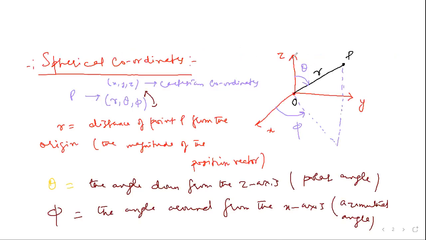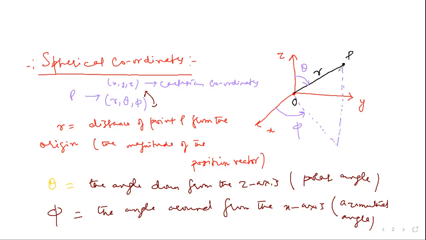See, this r has projection on z. That will be r cos theta. That's why z is r cos theta. This projection here is actually what? R sin theta, because this xy plane is perpendicular to z.